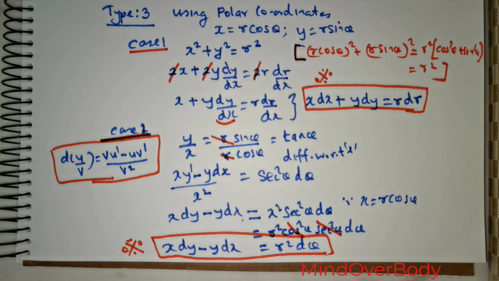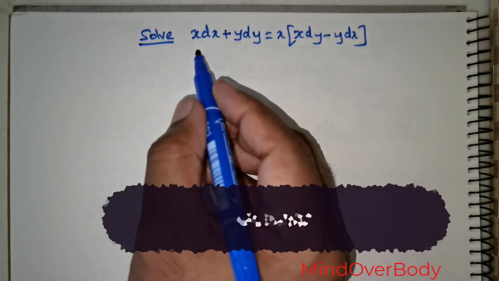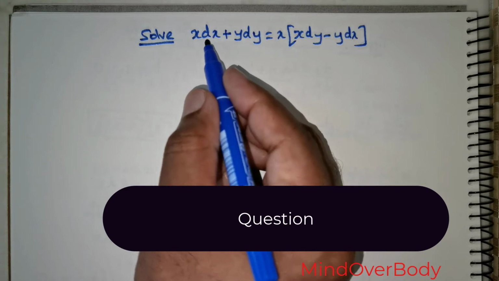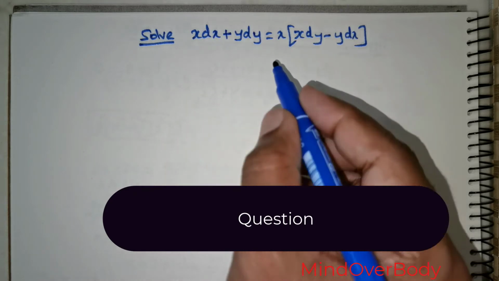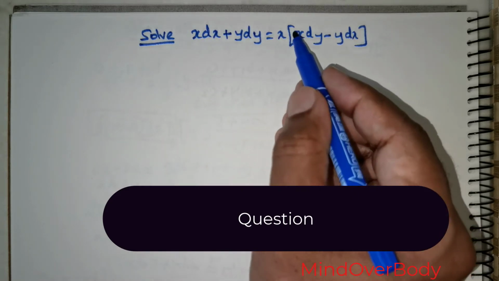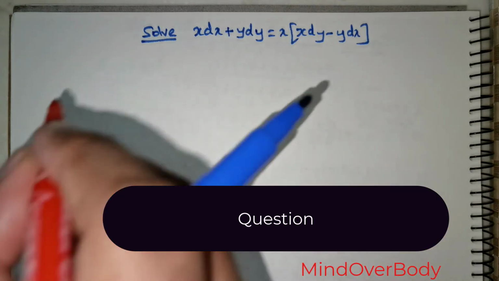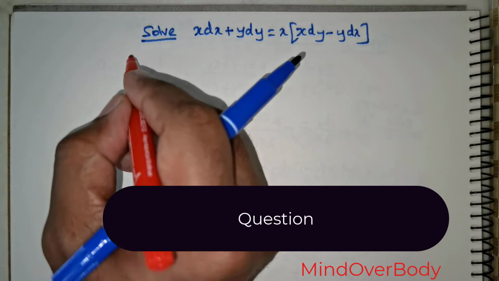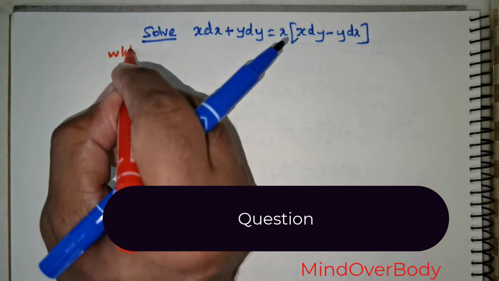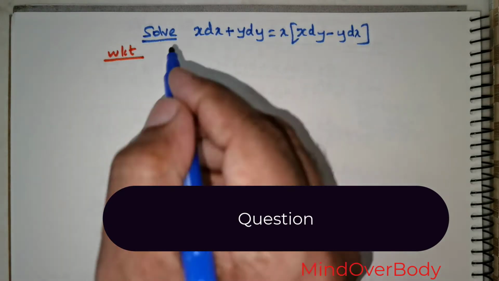Now we would be employing these results to solve the questions. So we've been given this question, which we are expected to solve. We have x times dx plus y times dy is equal to x times (x dy minus y dx). Now we have used polar coordinates and we know the following results. So what are the results we know?